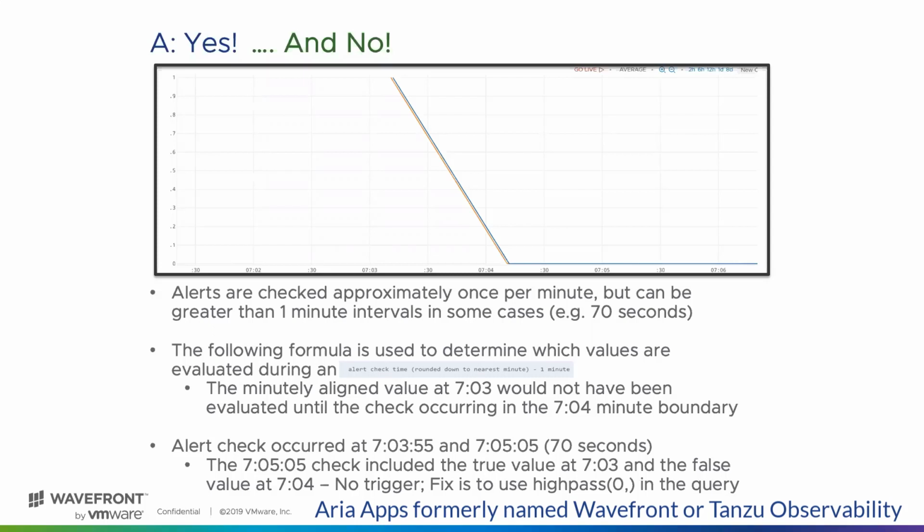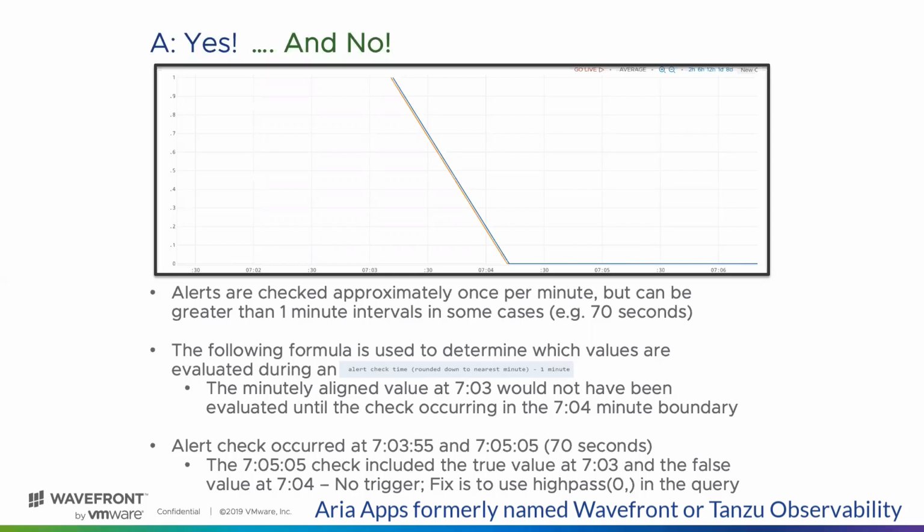And again, although frankly this was a Wavefront issue that caused it in this case, you can make your queries robust against these kind of issues. If the query had included high pass in it, then the data that Wavefront sees would not have included the zero values at all.